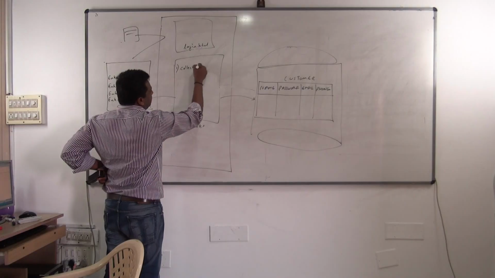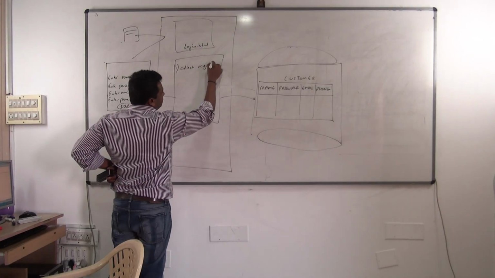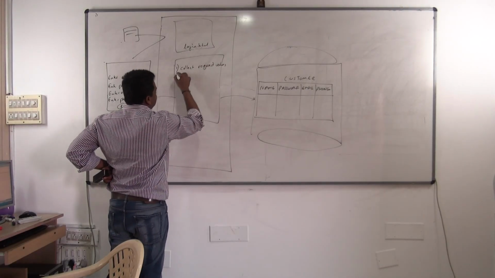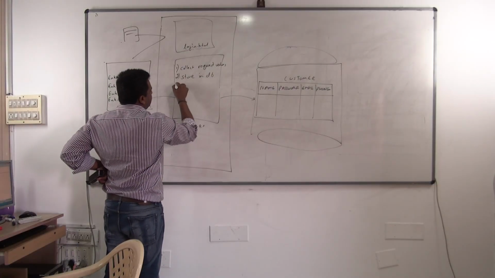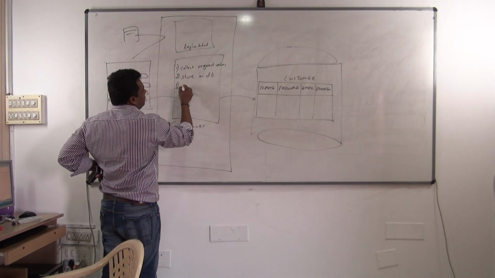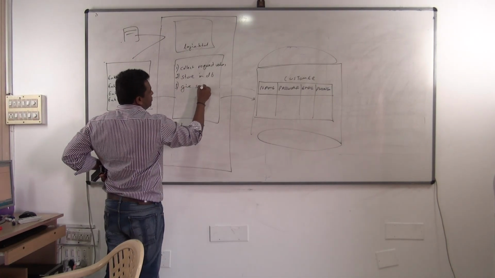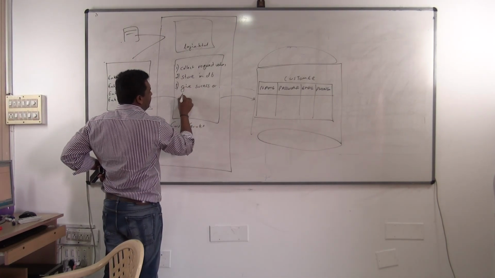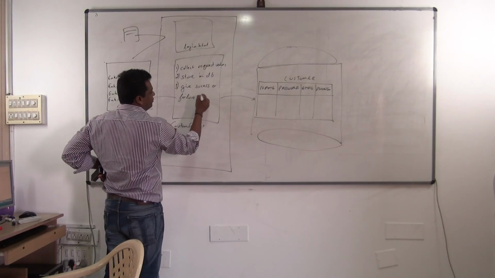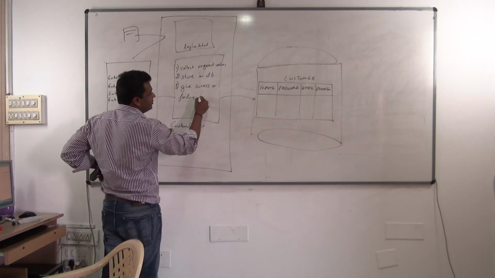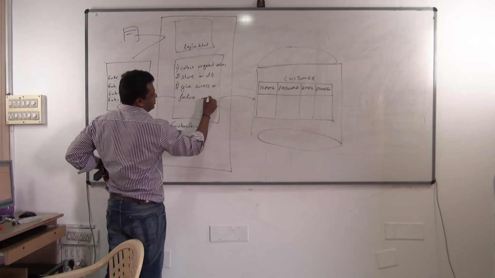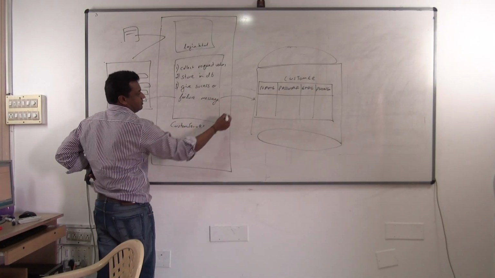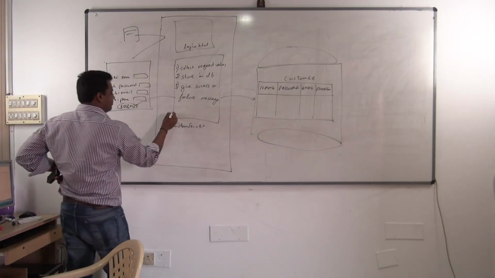Collect request values. Second one, store in DB. Third one is give a success or failure message. If stored, it should be success, else it should be failure. Simple. So after dumping it, finally what should happen?